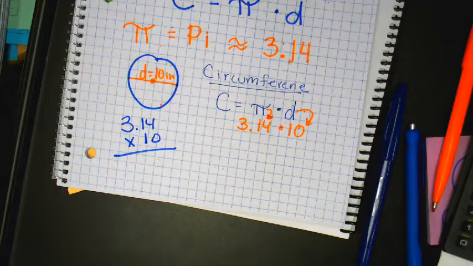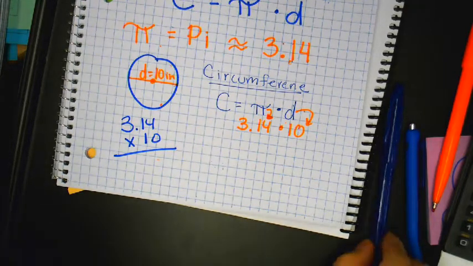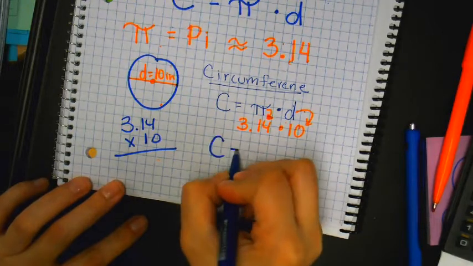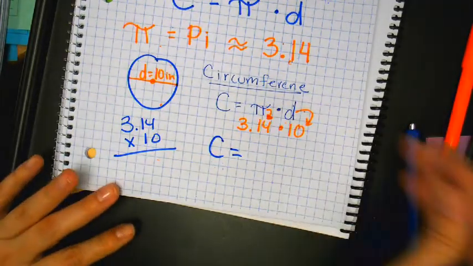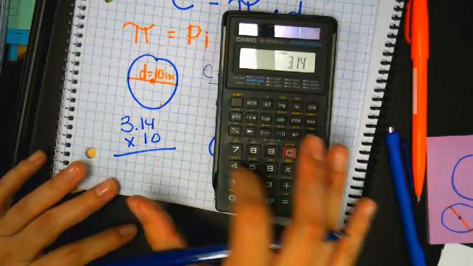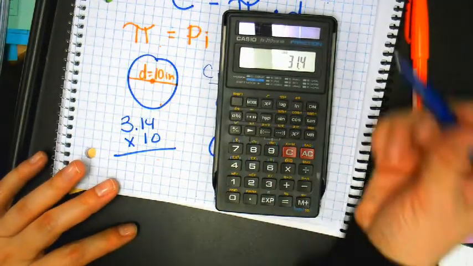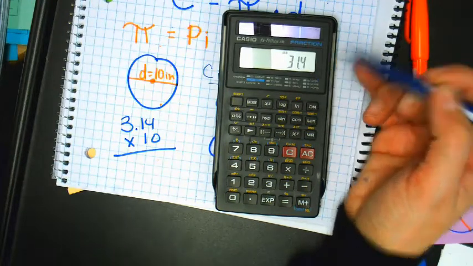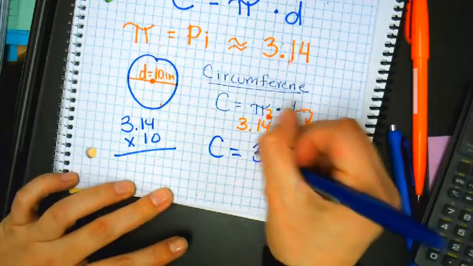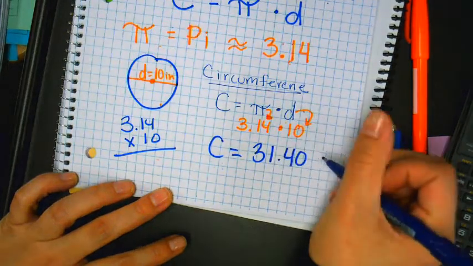Yep. So circumference is equal to 31.4 inches. Now, if you use a calculator, the calculator will show it as 31.4. It won't add that extra 0. If you did it by hand, you will end up with 31.40 inches.